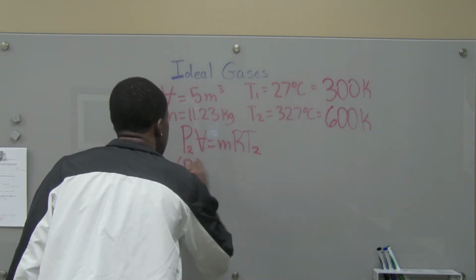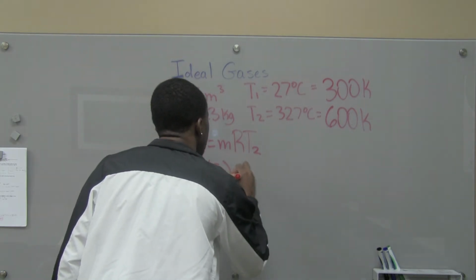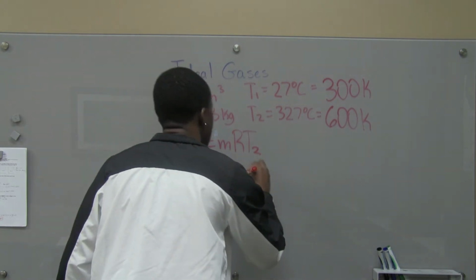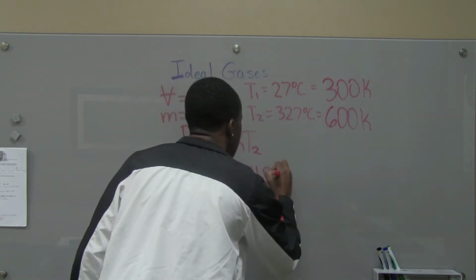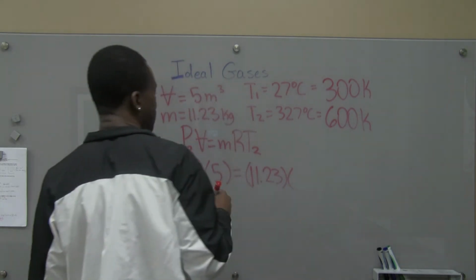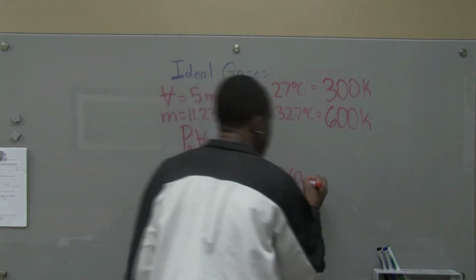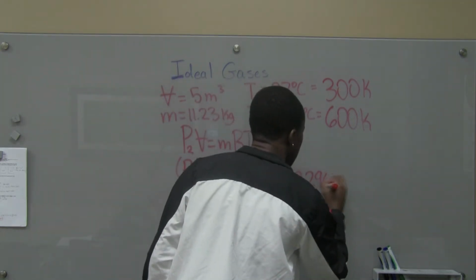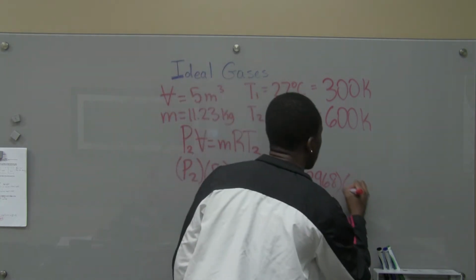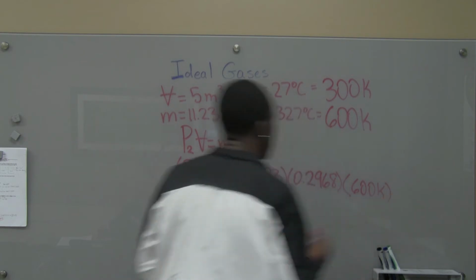So P2 times 5 is equal to m, which is 11.23, times R, which is 0.2968, times T2, which is 600 Kelvin, right?